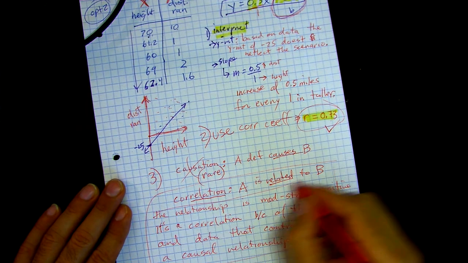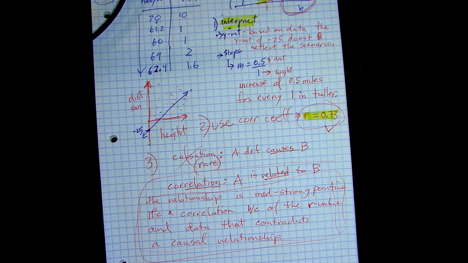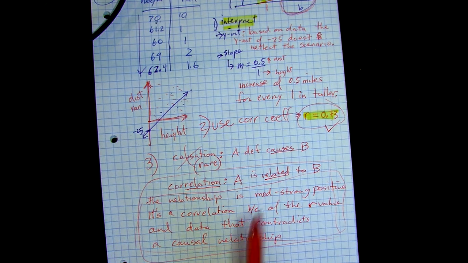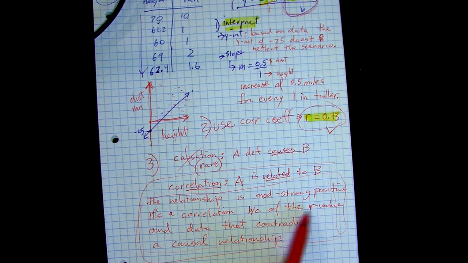What I'm going to point out, though, when you're doing yours, you're basically saying why it's not causal. It's always going to be correlation. Everything's correlation. Causation's rare. So for number 3, your argument is going to be a couple sentences, or like what I have here, about 25 words. The relationship is moderately strong positive. It's a correlation because of the R value and data that contradicts the causal relationship.